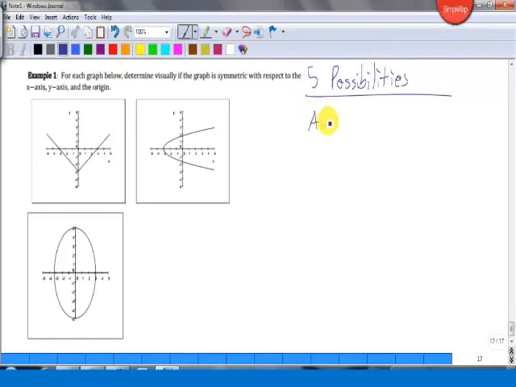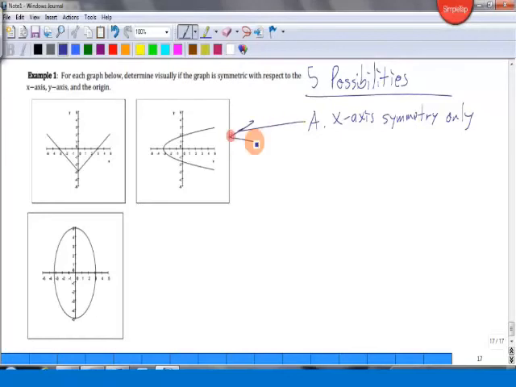A, it may be that a graph has x-axis symmetry only. That is, it has x-axis symmetry, but it does not have y-axis symmetry, and it does not have origin symmetry. Is there a graph like that on this page? Yes, there is.